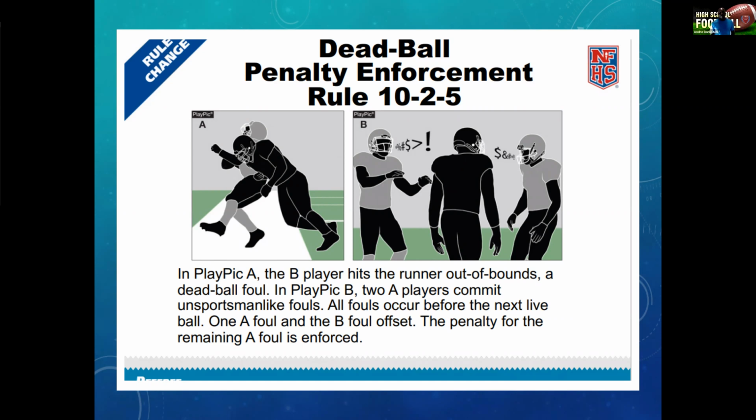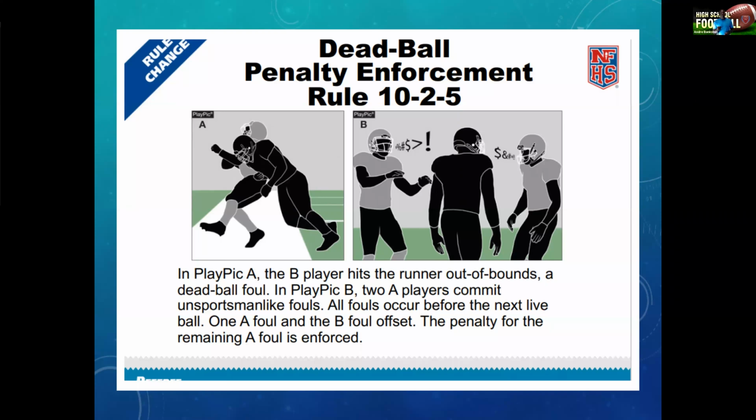So now, according to the rule, we have 1 dead ball 15-yard penalty on B, and 2 dead ball unsportsmanlike conduct penalties on A. All right. So what happens is these 2 are offset, and then we only execute 1.